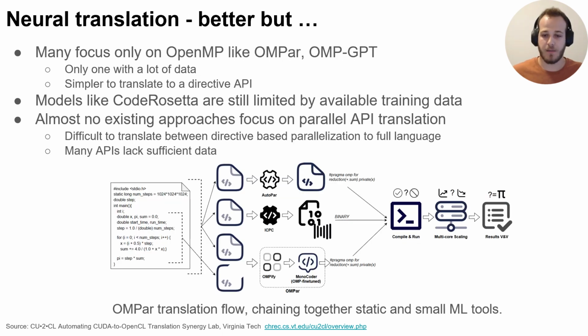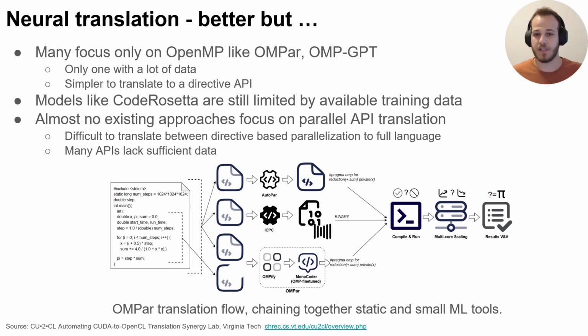And so the next iteration was neural translation. So taking a bunch of data from this translation task, giving it to a neural network, and it spits out a new translated code. And so this helps a lot with keeping up with new versions, but it takes a lot of data. So we see a huge focus on OpenMP, which is the one we saw has the most openly available data.